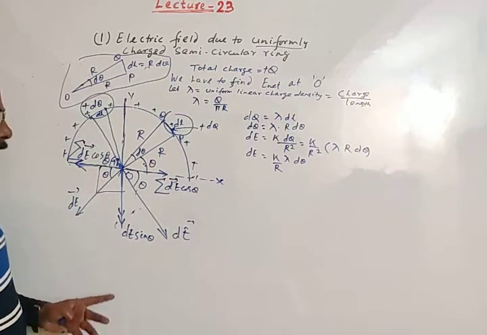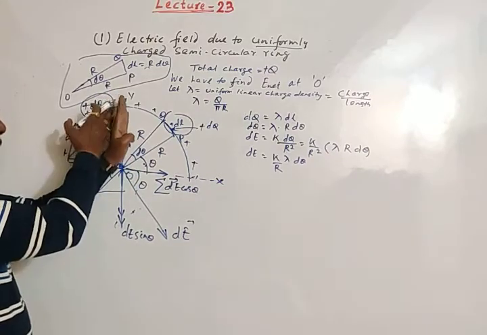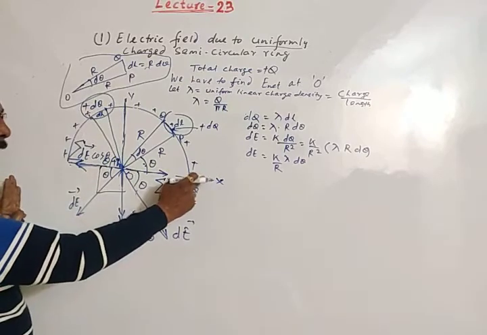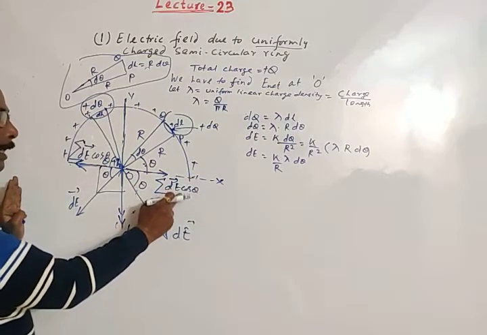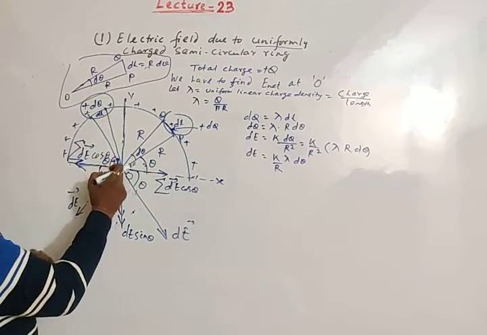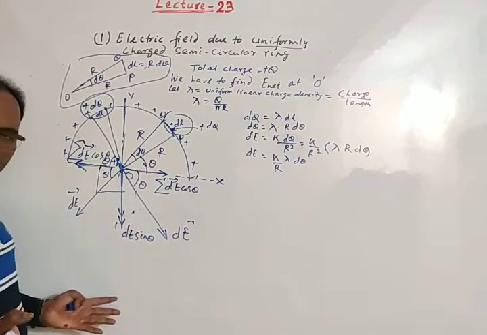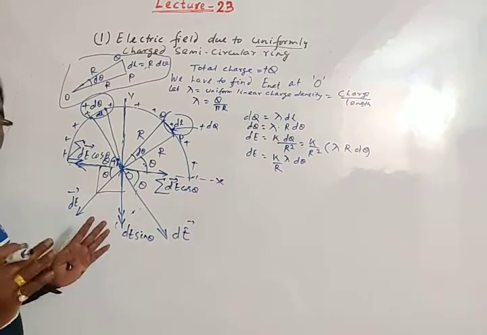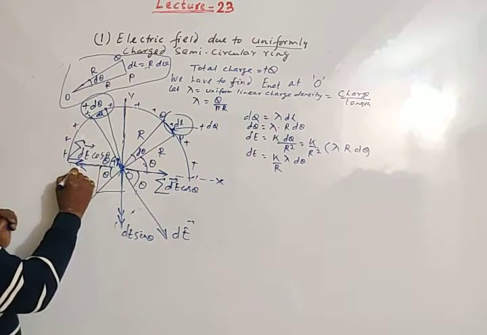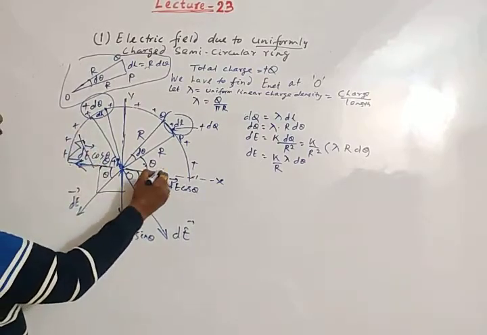Since electric field is vector quantity, these sums are equal in magnitude and opposite in direction, so they cancel each other.